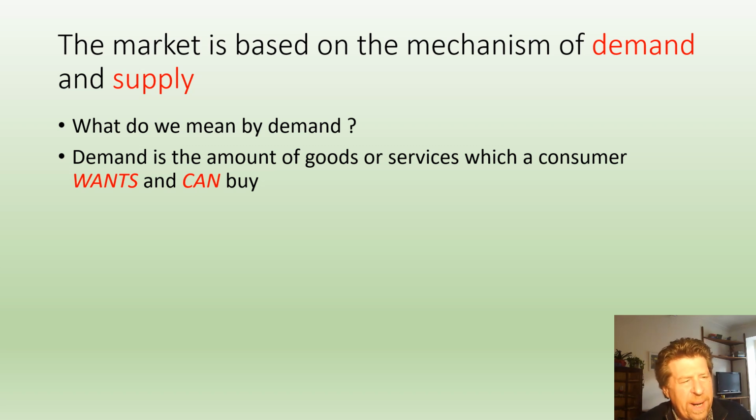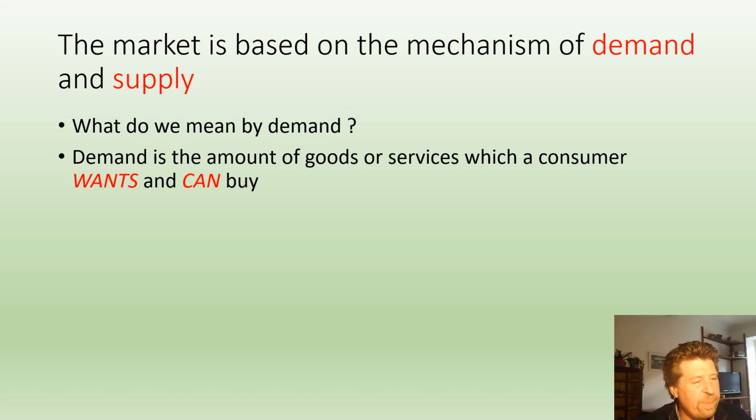What do we mean by demand? So the demand is what consumers want and can buy. It's not enough to want. Okay, we all want a Ferrari maybe, all want a wonderful house, but can we buy it? Have we got the money? So it's both. It's got to be want and can buy, and then that's considered the demand in a market.